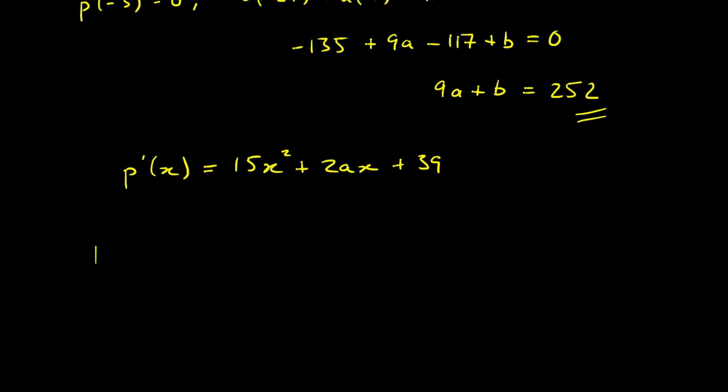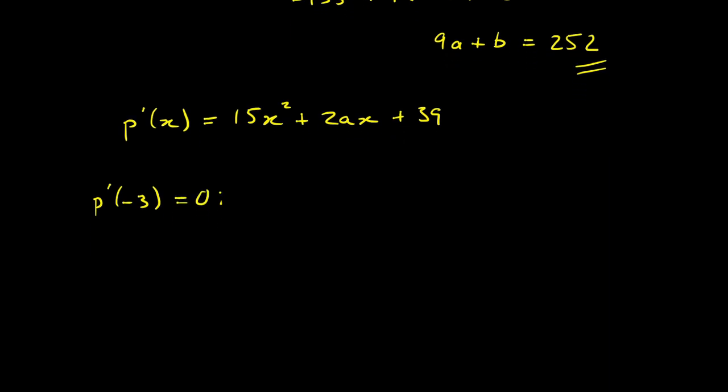So I can write that p prime of negative 3 is equal to 0. If I substitute in -3, I get 15 times -3 squared, which is 9, plus 2 times -3, so that's negative 6a, plus 39 is equal to 0.